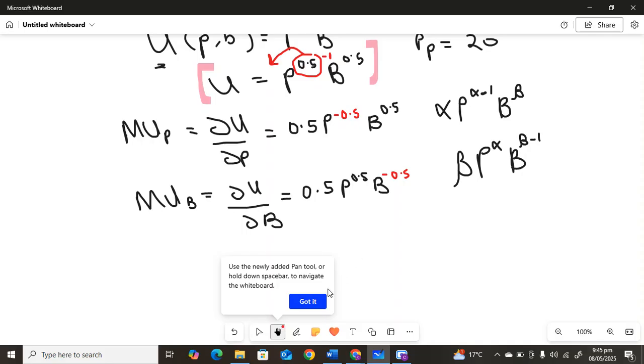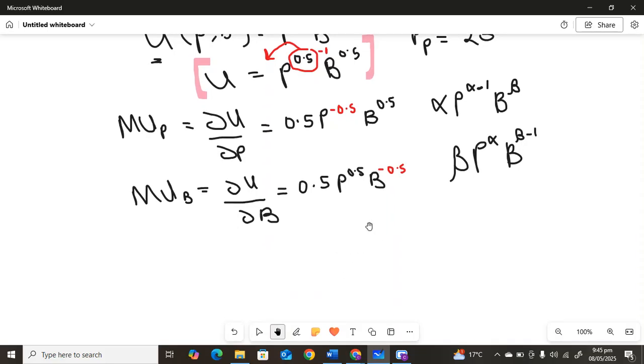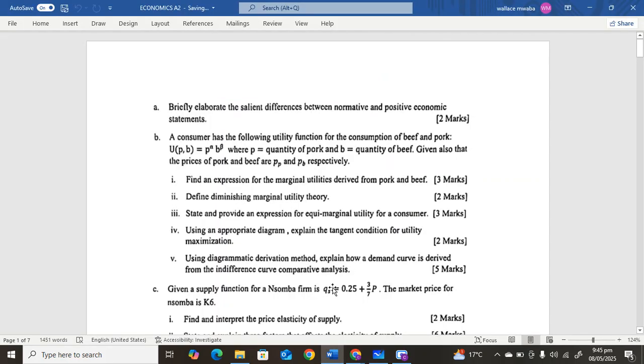Now, this is not part of the question, but what I'm explaining is going to help us understand parts three and four: the equi-marginal utility and the tangent condition for utility maximization.